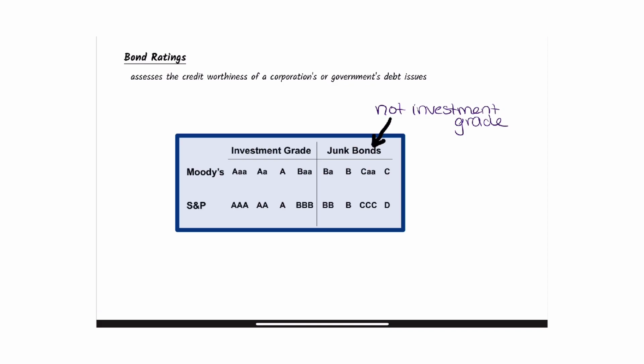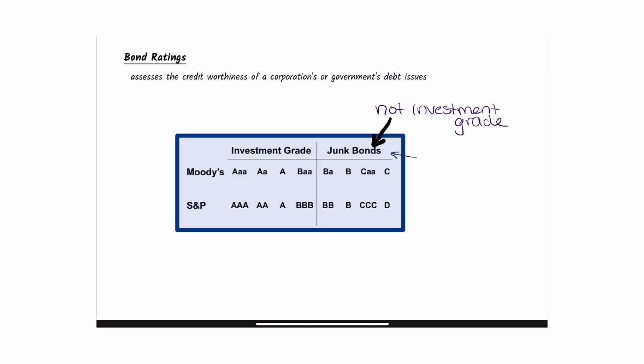So before we get to that, we're just going to go over how bonds are rated. It's how we assess the creditworthiness of a corporation's or a government's debt. We want to make sure that we are investing in bonds that are investment grade and not junk bonds. Junk bonds are not investment grade and they're not worth as much and they're much riskier.